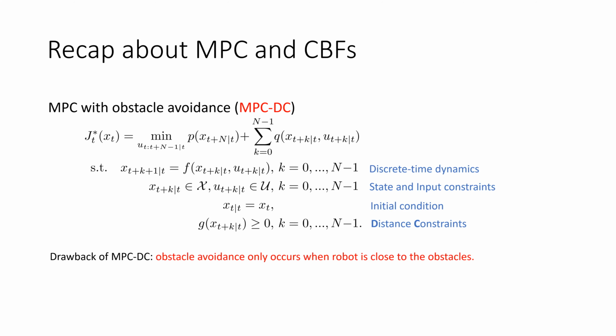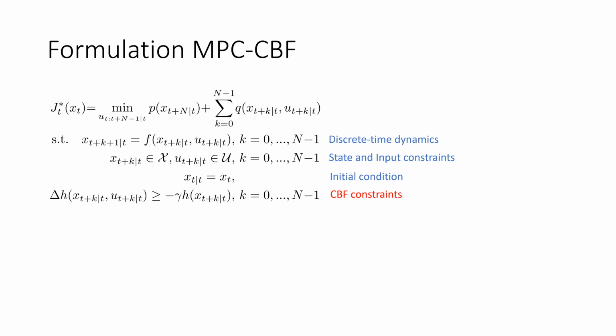So in our work, we would like to unify the MPC with CBF. This allows us to activate the obstacle avoidance constraint even when the robot is far away from the obstacles. So here we change the distance constraint to the CBF constraint. The changes are very small, but we will see that the performance enhancement is very remarkable, and we will see that on the later slides.